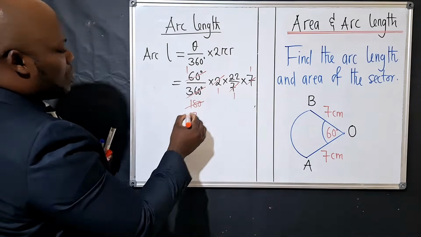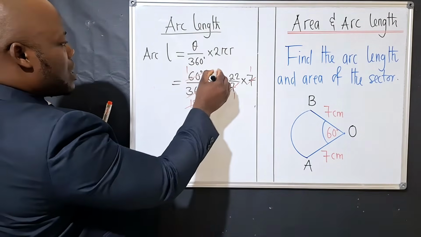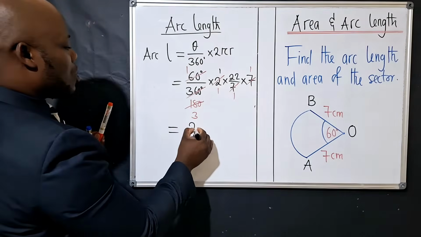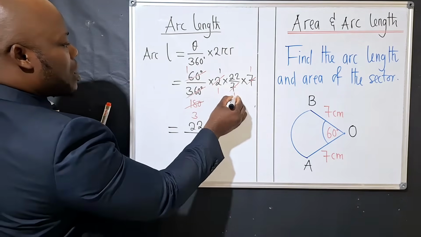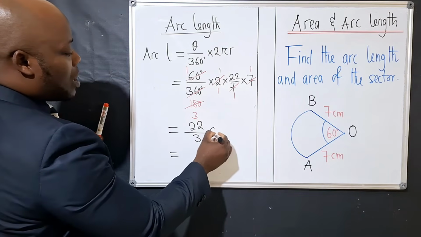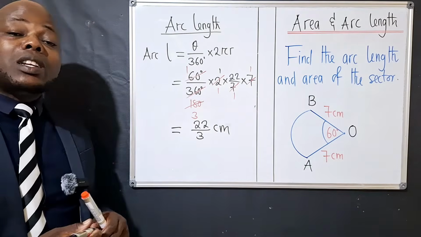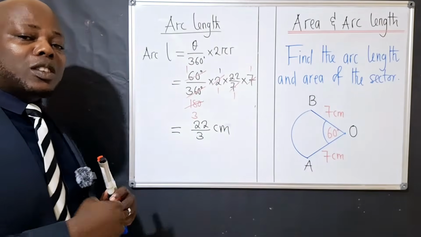So we remain with 1 times 1 times 22 times 1, which will automatically give us 22 over 3 times 1 times 1, which gives us 3. We can leave our answer like this. We put centimeters, so this is length, and length is measured in centimeters, according to what we've been given here.